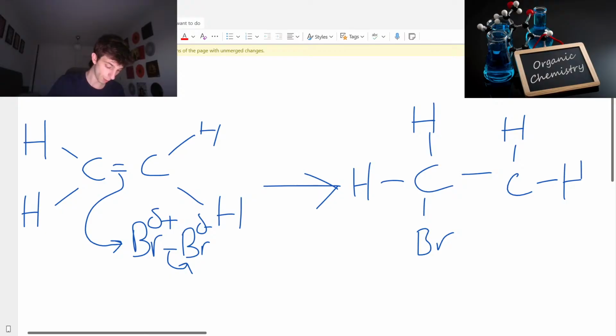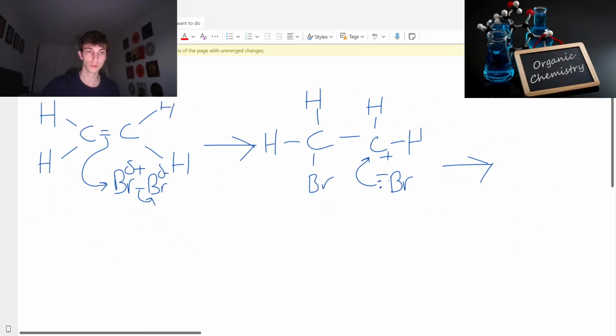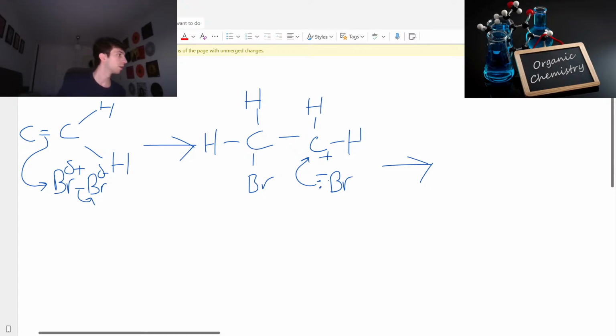We're then left with our bromide ion because it received both electrons in that shared pair of electrons. And we have a curly arrow going from the lone pair on a bromide ion to that carbocation. Then from here, we have our dibromoethane. So we have our dibromoethane, guys. Just going through the mechanisms here.